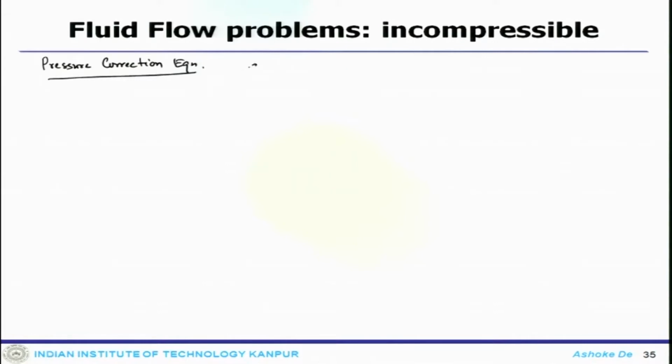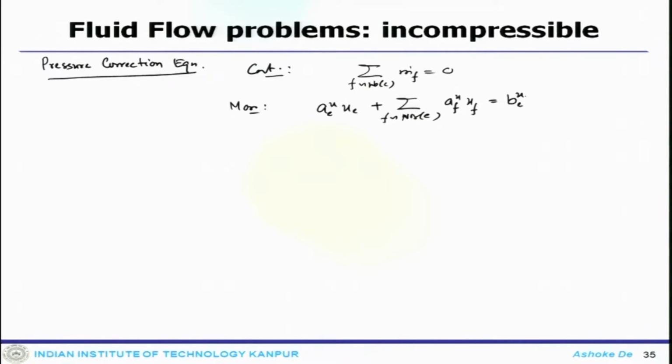We start with the continuity equation. From the continuity equation, one can get the summation over all the cell faces of m dot f equals 0, and the momentum equation gives you AU plus summation over faces AF UF equals BU minus VE del P by del X at E.